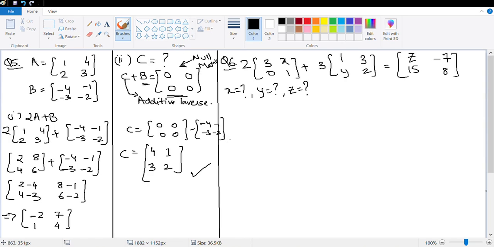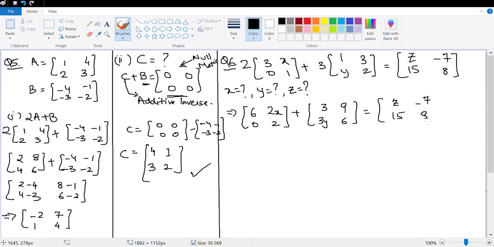We need to calculate x, y and z. So let's multiply and add and then equate, because we've done equations already. Let's multiply. So this will be 2 times 3, which is 6, 2 times x, that's 2x, 2 times 0, which is 0, 2 times 1, which is 2, plus 3 times 1 is 3, 3 times 3 is 9, 3 times y is 3y, 3 times 2 is 6, which is equal to [z, 15, -7, 8].